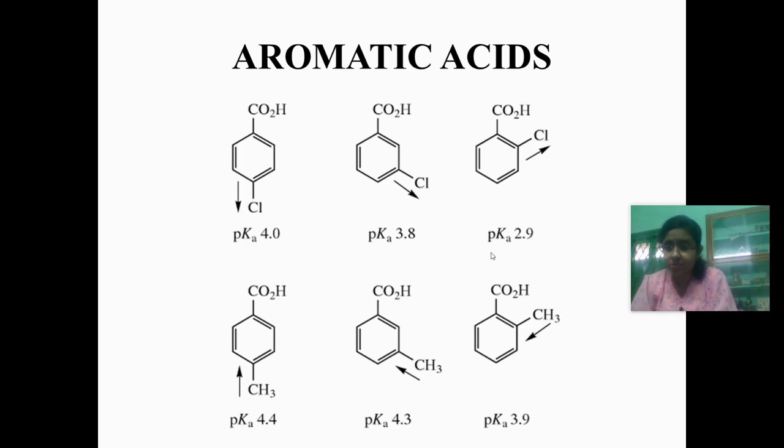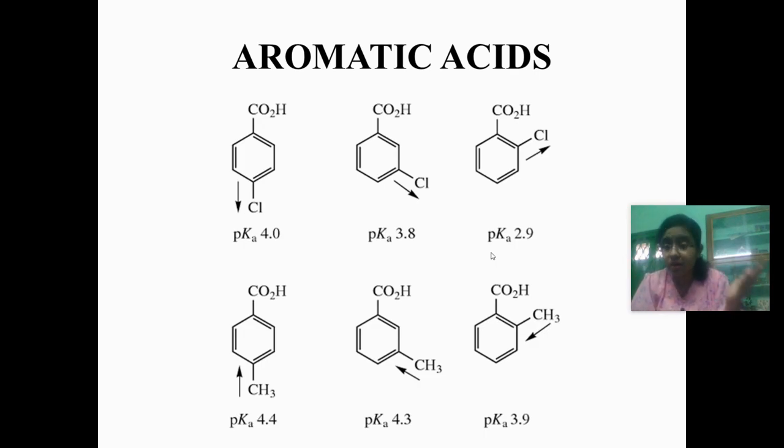In both cases we can see that the acidity of ortho is higher. So definitely there is some reason with the ortho, and this gives us the knowledge of the effect, that is the ortho effect. So the ortho effect actually comes from the exceptionally higher acidity of the aromatic acids.